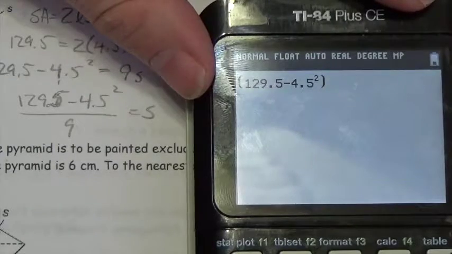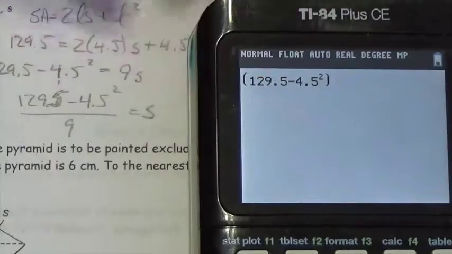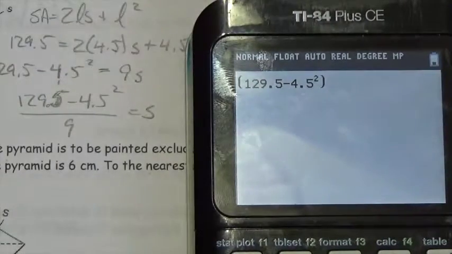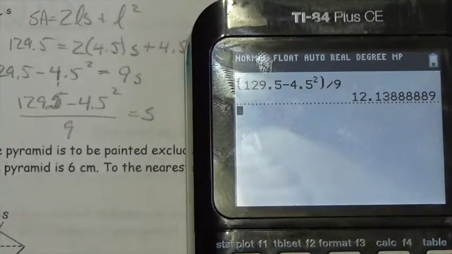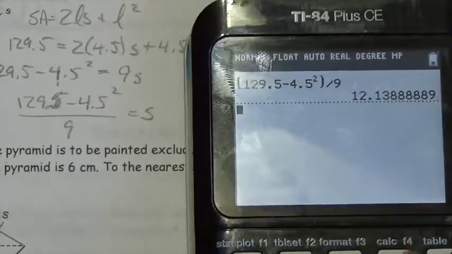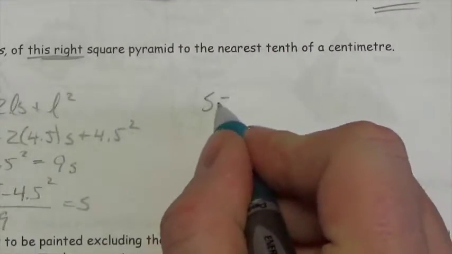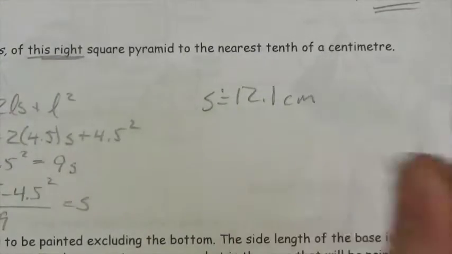If I don't do that, then I'm not going to be doing the subtraction first. And remember that that bar implies a set of brackets around the numerator. And then I'll divide by 9, press enter, there we go. So to the nearest tenth, 12.1. S is going to be approximately 12.1, what were our units? Centimeters.